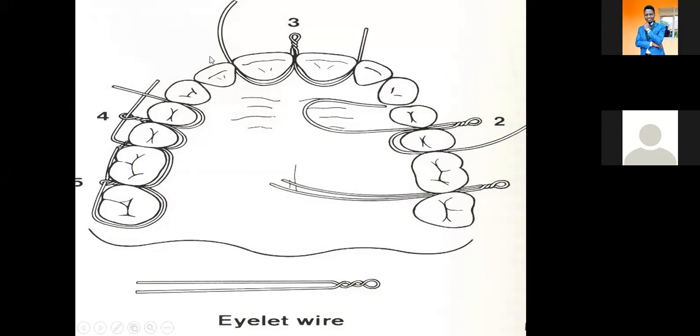So you first fix these eyelet wires, then you come and join the lower ones with the upper ones.